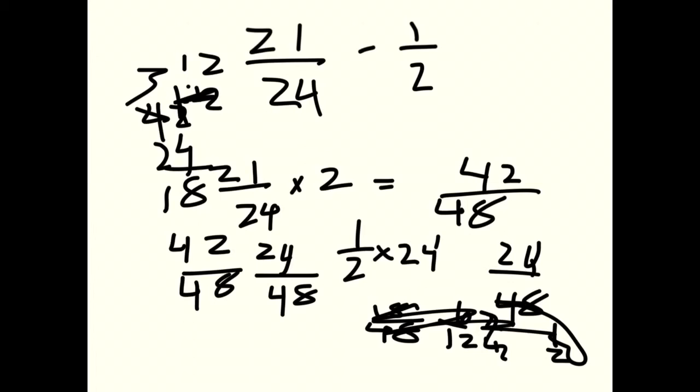So what's our answer? Our answer was 18 over 48. Let's try to simplify it by 2. That would be 9 over 24.